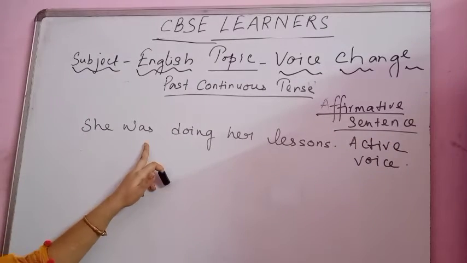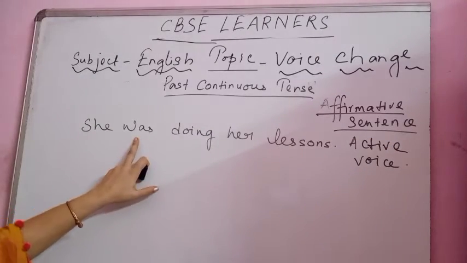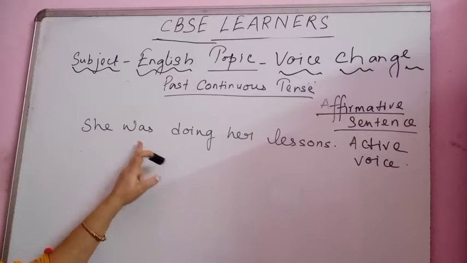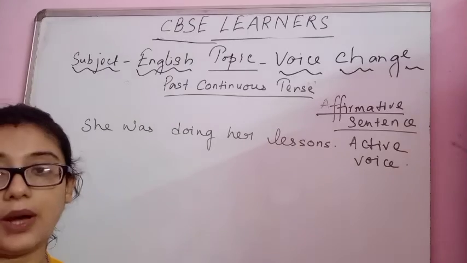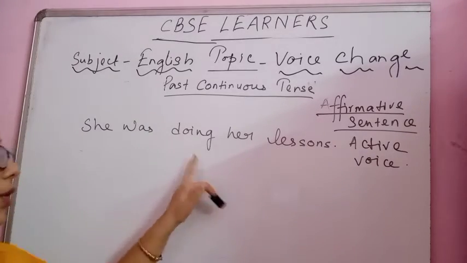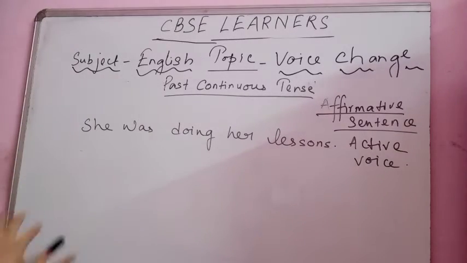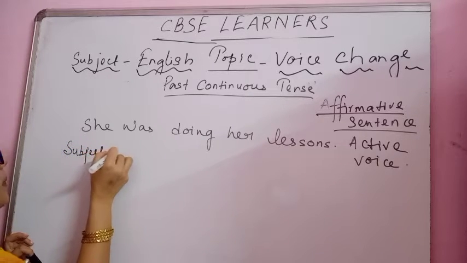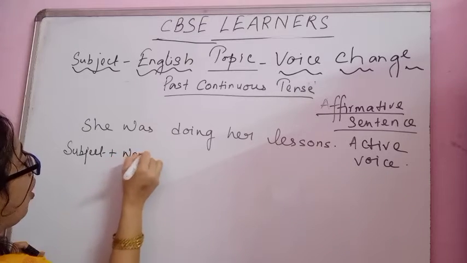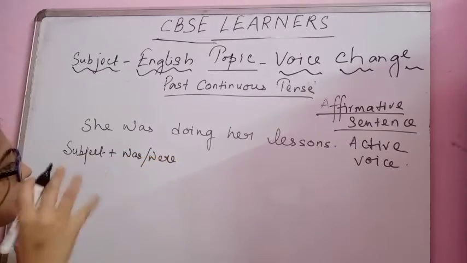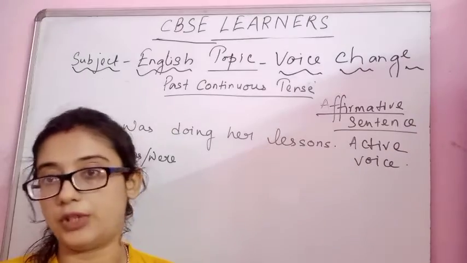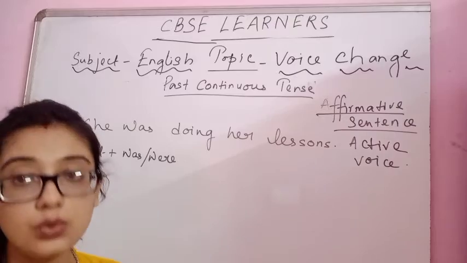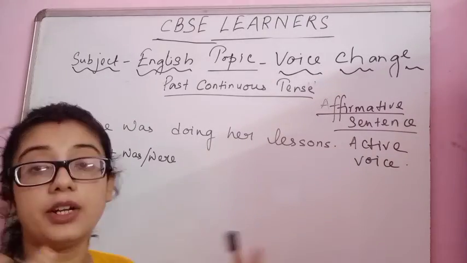Now here we can see it is in past continuous, as we have used the past form of be verb, which is was or were, along with the present participle or the ing verb, with the object. So let me construct the formula. The formula will be subject plus was or were. I will every time tell you to remember the number of the subject or the object, to know what to use in case of auxiliary verb or verb.